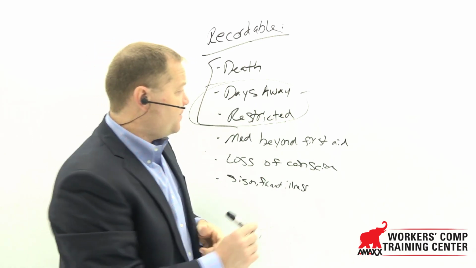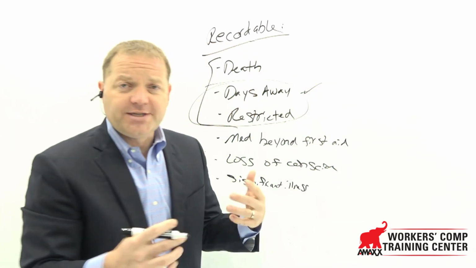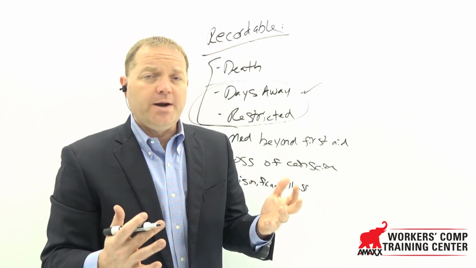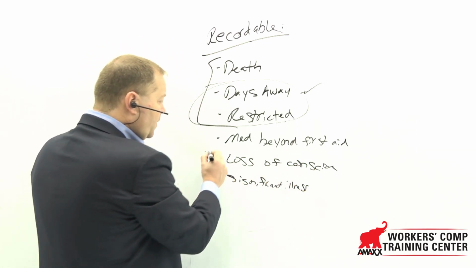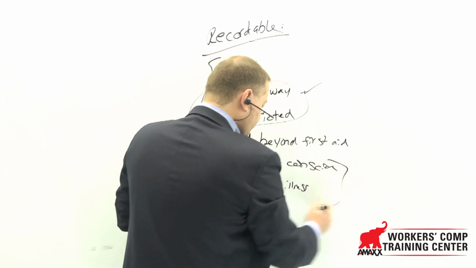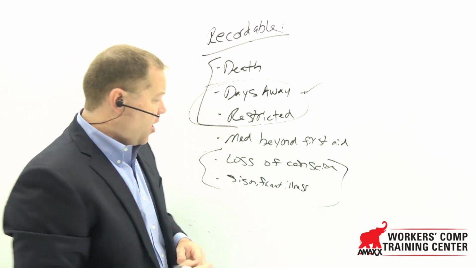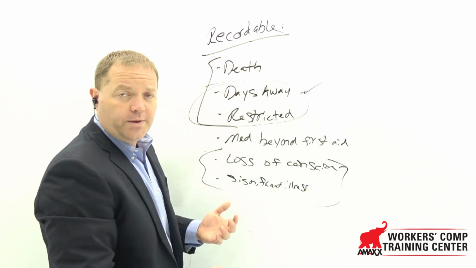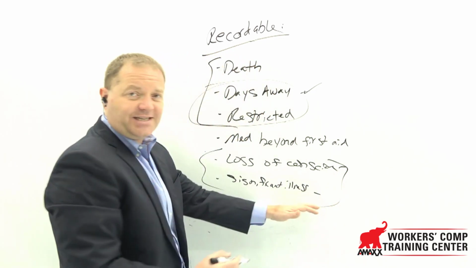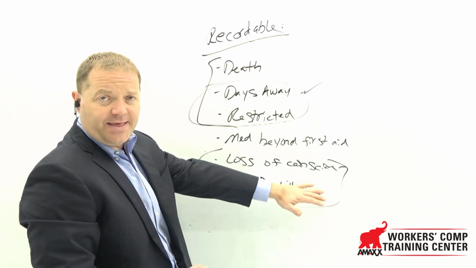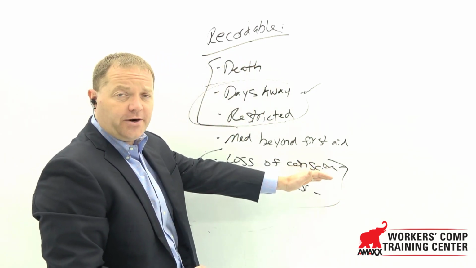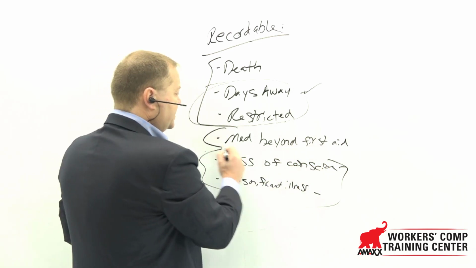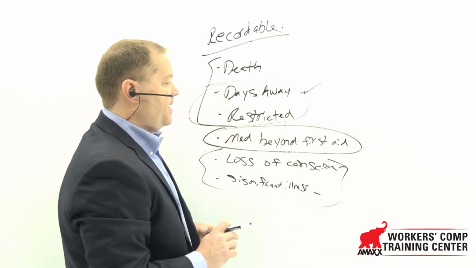So these are pretty simple and straightforward as far as understanding what is and what is not OSHA recordable. Loss of consciousness, significant injury or illness: these are also typically pretty clear. Did they lose consciousness? Were they diagnosed with a significant injury or illness? These happen much less commonly, but are also relatively clear.